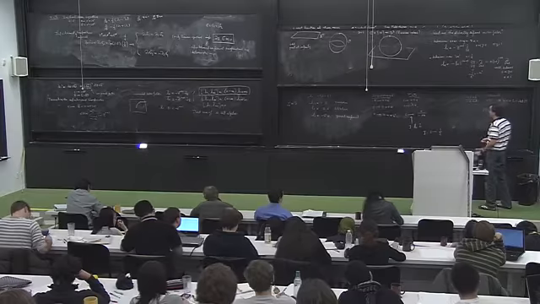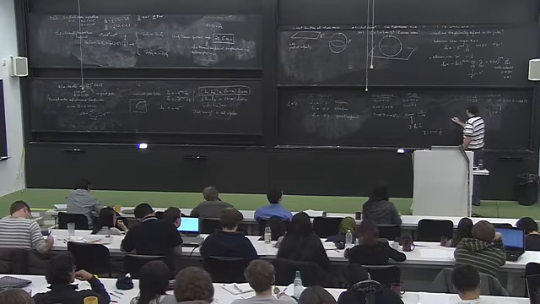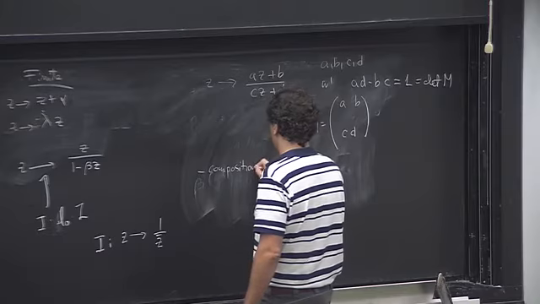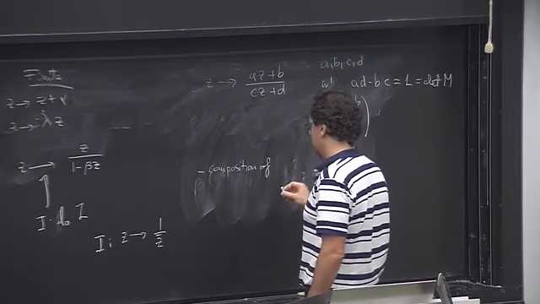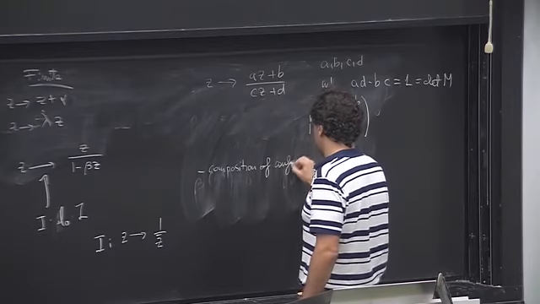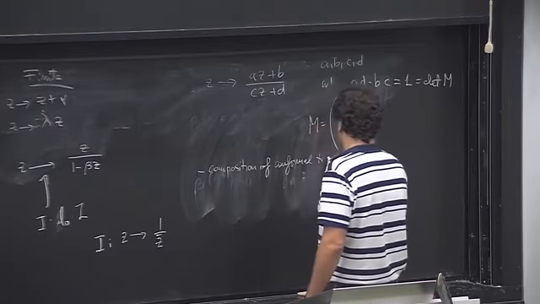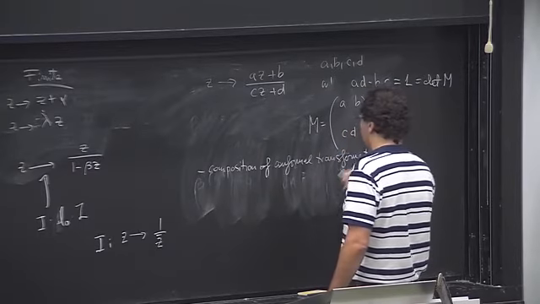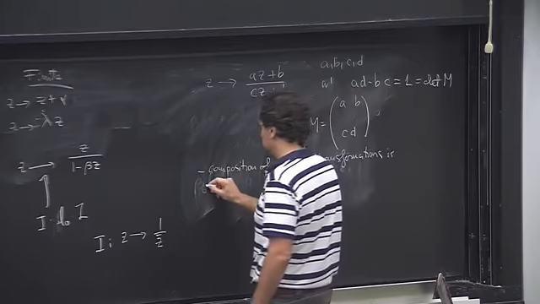And the reason that this is useful is that composition of conformal transformations, the global ones, is realized as matrix multiplication.